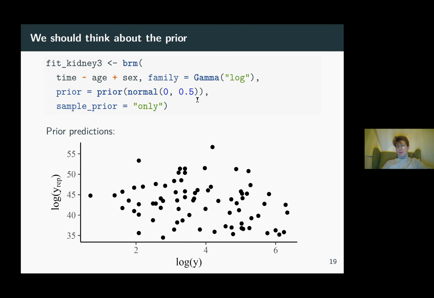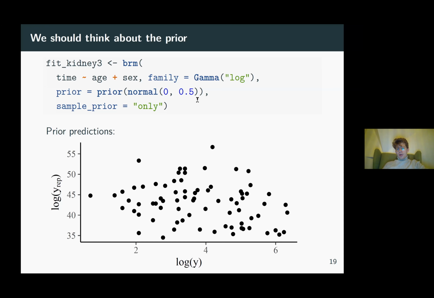So it's completely off. We are predicting way too big things, although we thought that we were using only very narrow priors. And the reason is basically that we are working on the log scale because we were using a gamma log model. That is, after exponentiating, things explode quickly.